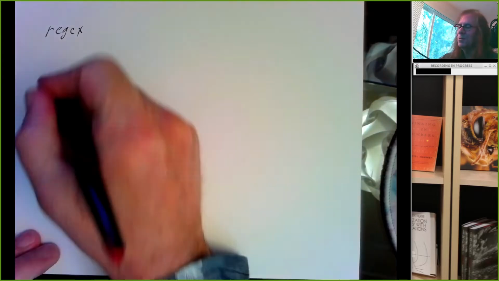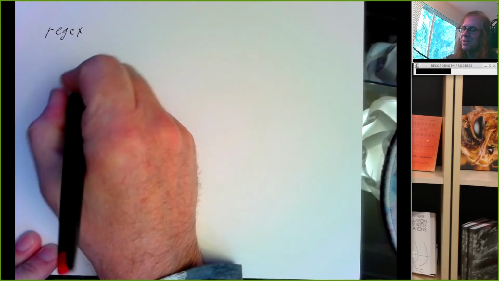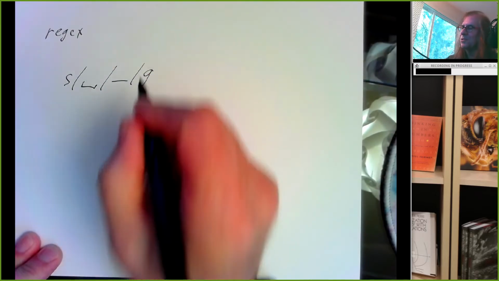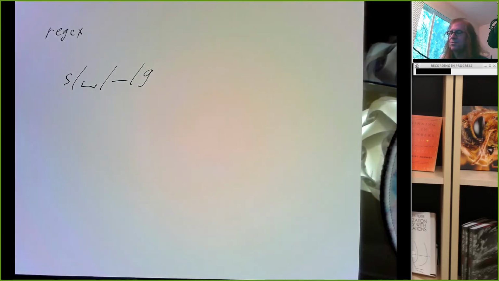And so regular expressions are things that you can search for, things that you can ask to be replaced by other things, but they're more powerful than just a collection of characters listed side by side. So for example, if we want to replace a space with an underscore, we've seen that in sed we could say substitute space slash underscore and put a g on there to replace all the spaces with an underscore.